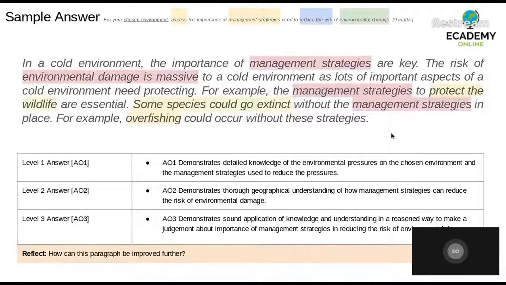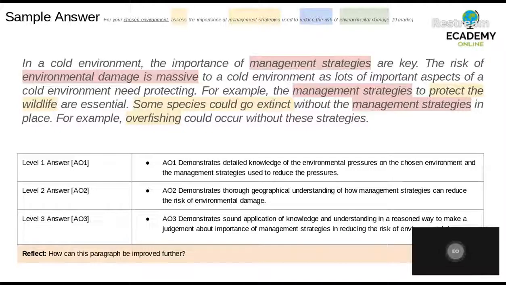Okay, so if we break down this introduction, you can see that this candidate is talking about management strategies throughout his or her answer, but doesn't actually talk about any particular management strategy.